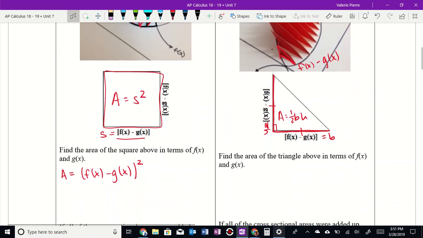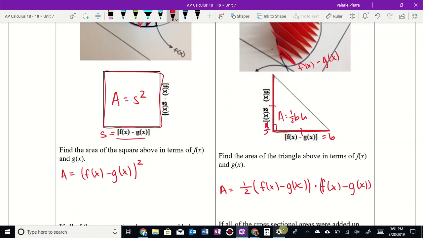So then the area of this triangle will be equal to 1/2 times our base, which is f of x minus g of x, times our height, which is f of x minus g of x. So we get the area is equal to 1/2 times f of x minus g of x, squared.